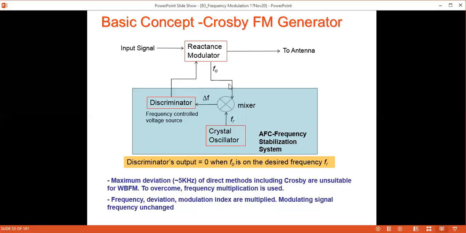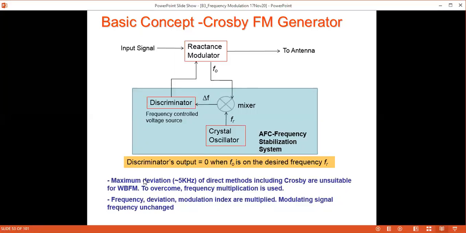So when the difference between them is 0, only then there's no more frequency error, and accordingly the error voltage is also 0. So this is to overcome the frequency drift issue in the direct FM generator. So it's known as the Crosby FM generator.